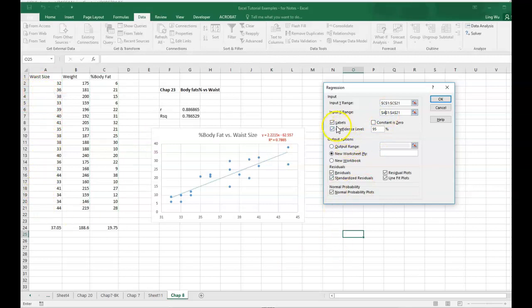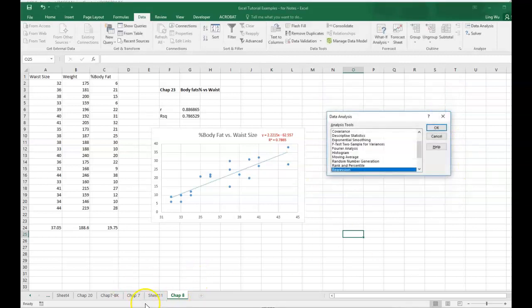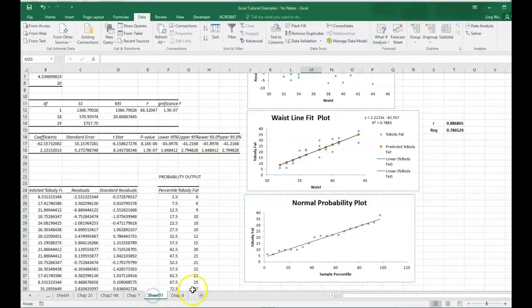And then remember, we check the labels, confidence levels, and output in a new worksheet, residual plots. So I'll check all those to give us the outputs. I already generated these results. Take a look at this one.